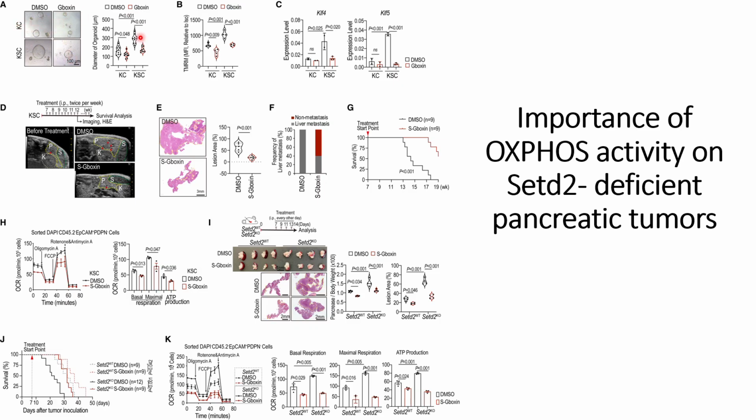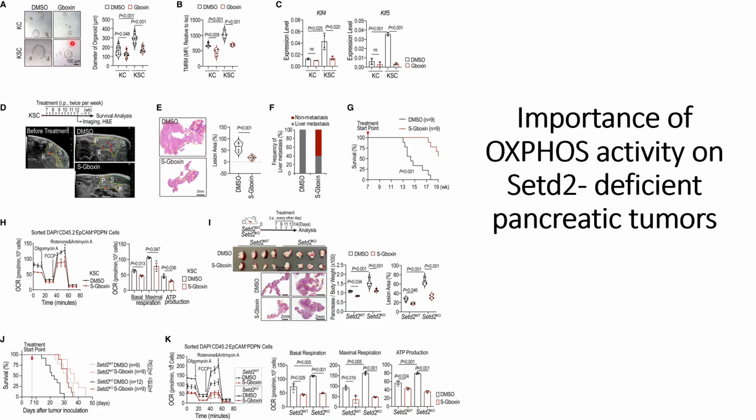And these things are quantified on the right-hand side of panel A, where we can see that the decrease in organoid size in KC has a p-value of 0.048, whereas the decrease in organoid size in KSC has a p-value of less than 0.001. This indicates that, as we understood in the previous video, the tumor cells derived from KSC cells have more impact on these OXPHOS pathways.